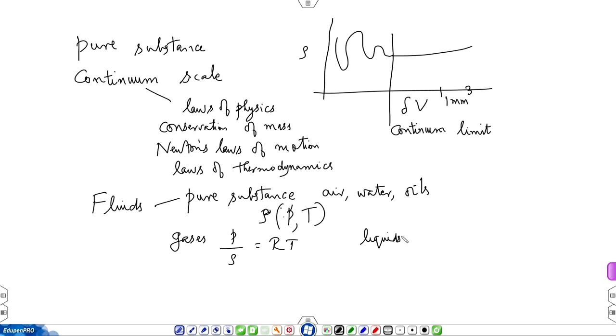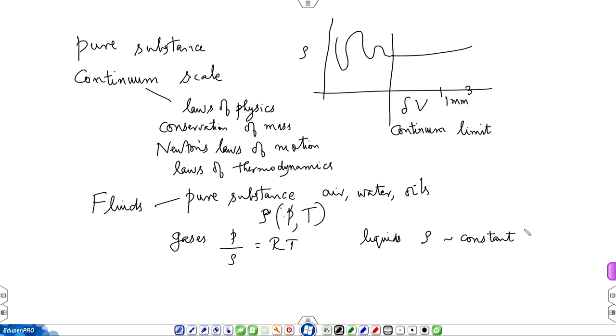by liquids I have water in mind, or could be oils. Rho is practically a constant. Though it may change with temperature, we are not going to think of temperature changes in the beginning. So, for us density is constant, meaning it does not depend on pressure.